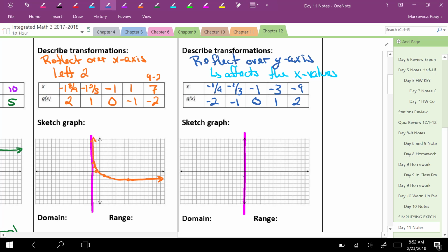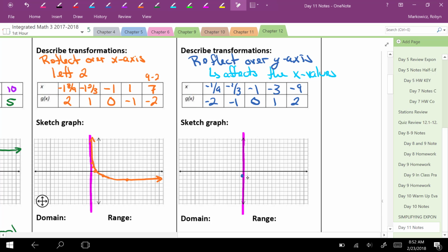So here. Again, I'm still not crossing that x-axis because that's my vertical asymptote.